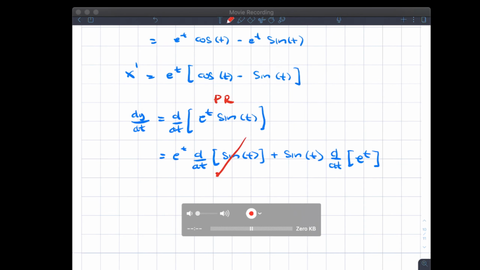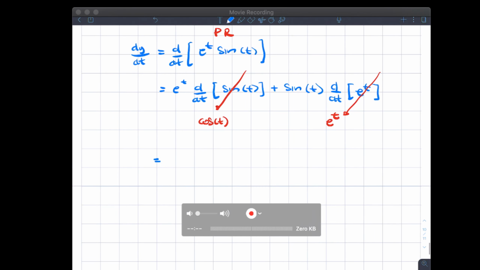Derivative of sine, again, we know is cosine. We have e to the t. So we get e to the t cosine t plus e to the t sine t. And again, I'm going to factor here. I'm going to factor out my e to the t now. So, okay, cosine t plus sine t.